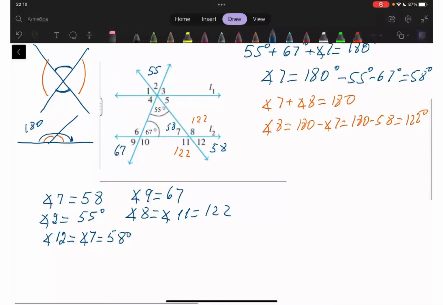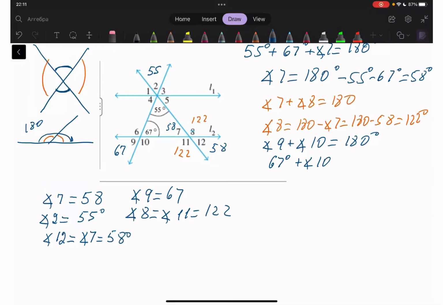So what else we have left? 6 and 10. Let's find out 6 and 10. Very easy. Angle 9 plus angle 10 make 180 degrees, right? Let me write down, angle 9 plus angle 10 is equal 180 degrees. So 67 degrees plus angle 10 is equal 180 degrees. From here, angle 10 is equal 180 minus 67. 180 minus 67 is equal 113.